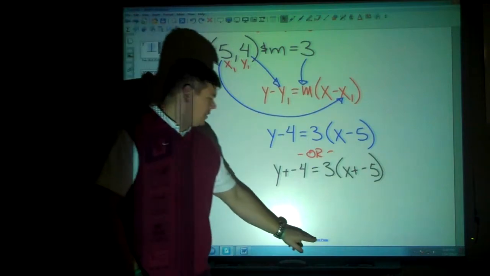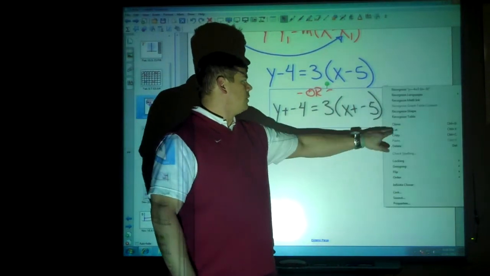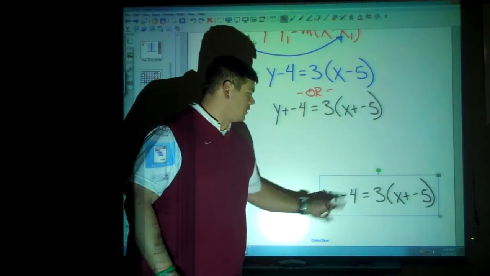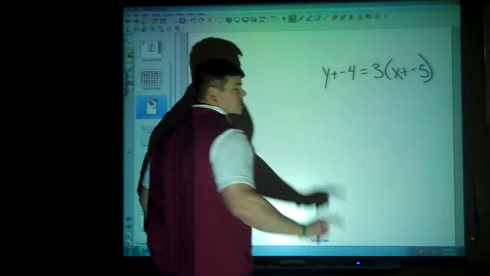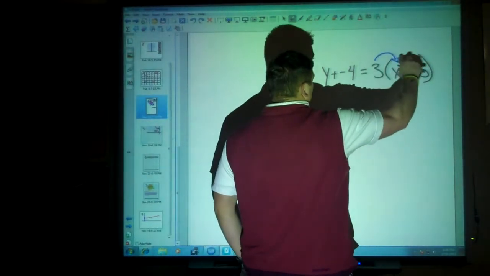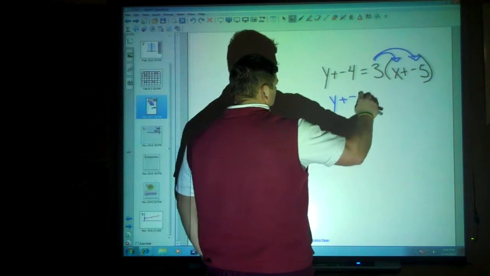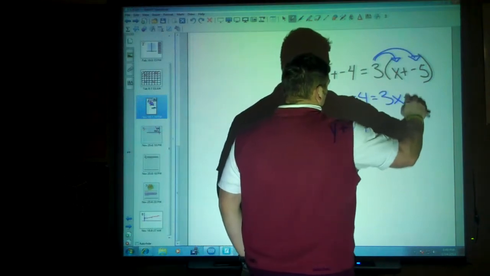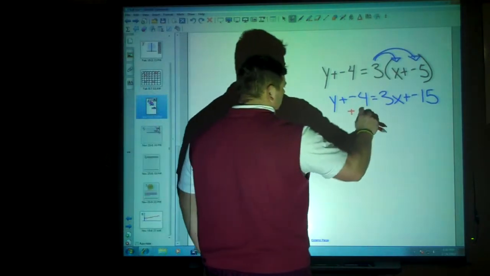Now what's interesting is, if you actually take this form right here, and I'll bring it down here so that it's for something more we can look at, you can, within two steps, change it into another form that you're familiar with. The 3 can be distributed. So now you end up with y plus negative 4 is equal to 3x plus negative 15. And then all you have to do is add 4 to both sides.